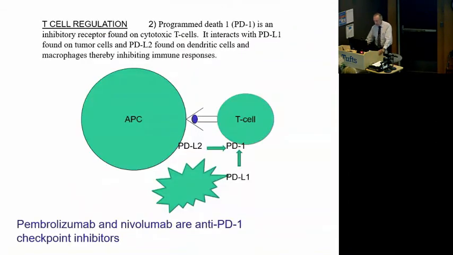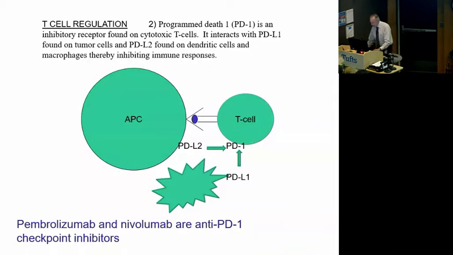Now, another way that we turn off is that there is a programmed death signal, which is an inhibitory receptor found on cytotoxic T cells. And this interacts with a molecule called PD-L1, which is found both on tumor cells, you'll hear about that later, and on dendritic cells and macrophages, and therefore inhibits the immune response.